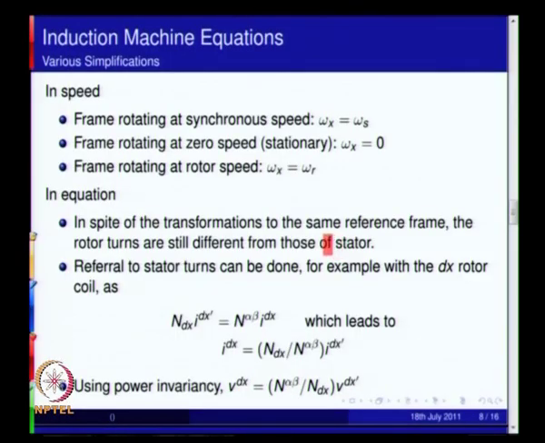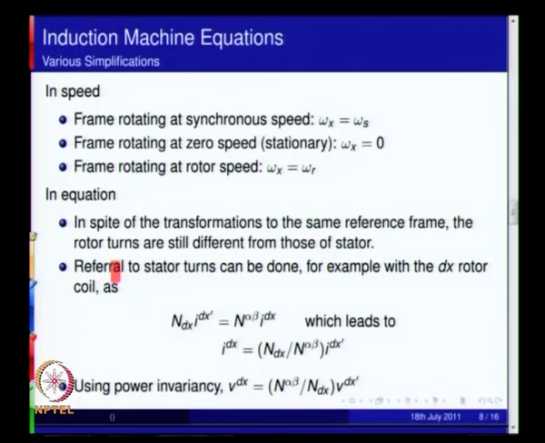So the stator turns in the DQ reference frame are not exactly equal to the stator turns in the 3 phase reference frame, they have been modified, and so also the rotor turns have also been modified. But however, the rotor turns are not really equal to the stator turns.